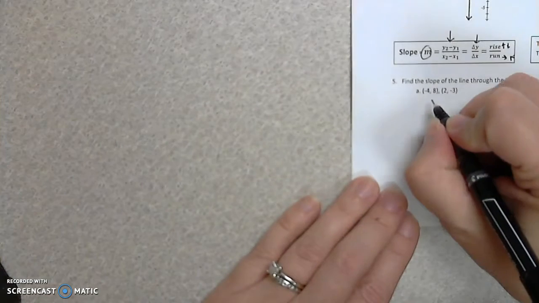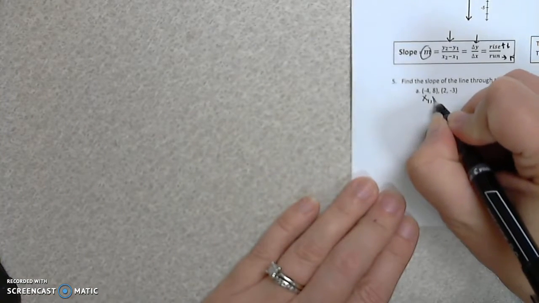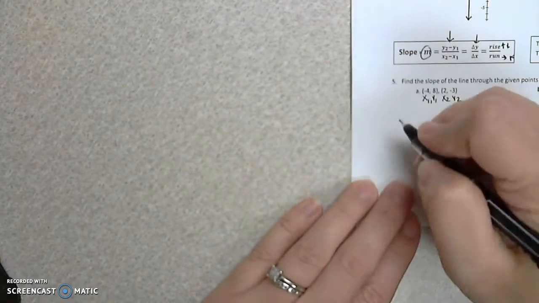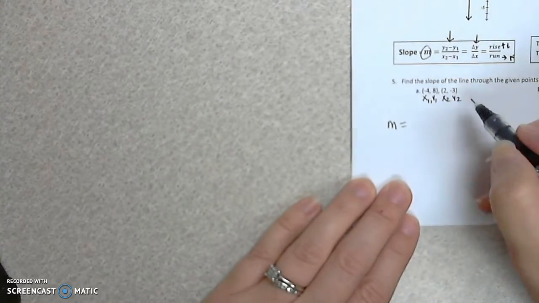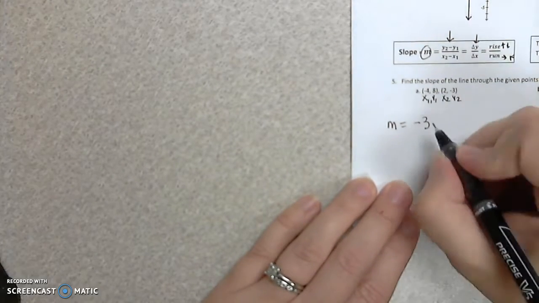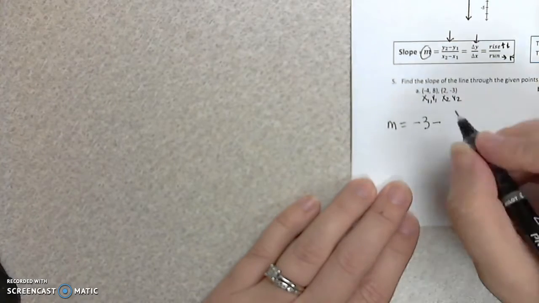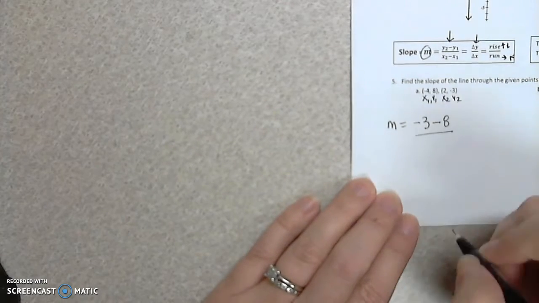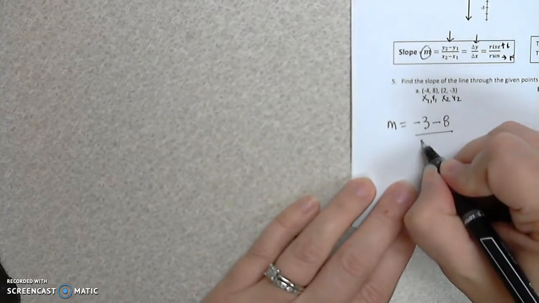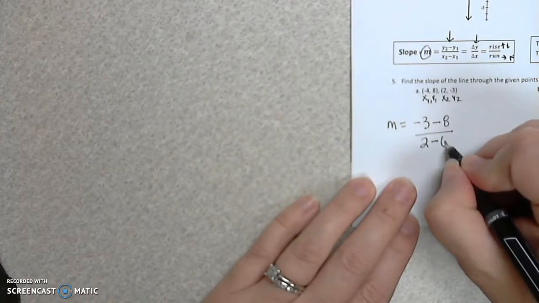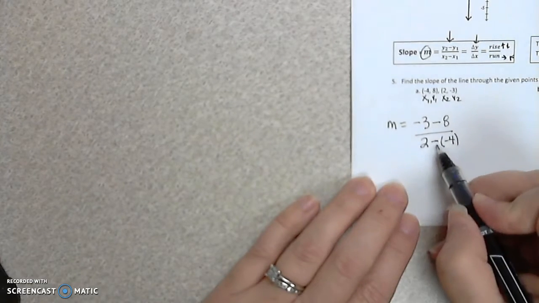as long as you keep the 2's and the 1's together. So you may call this one x1 and this one y1, x2, y2. So if I'm looking for the slope, I'm going to say y2, which is negative 3. The formula tells me to use subtraction, and it's then subtract y1 over, it tells me to use x2 minus x1. Notice I used a minus.